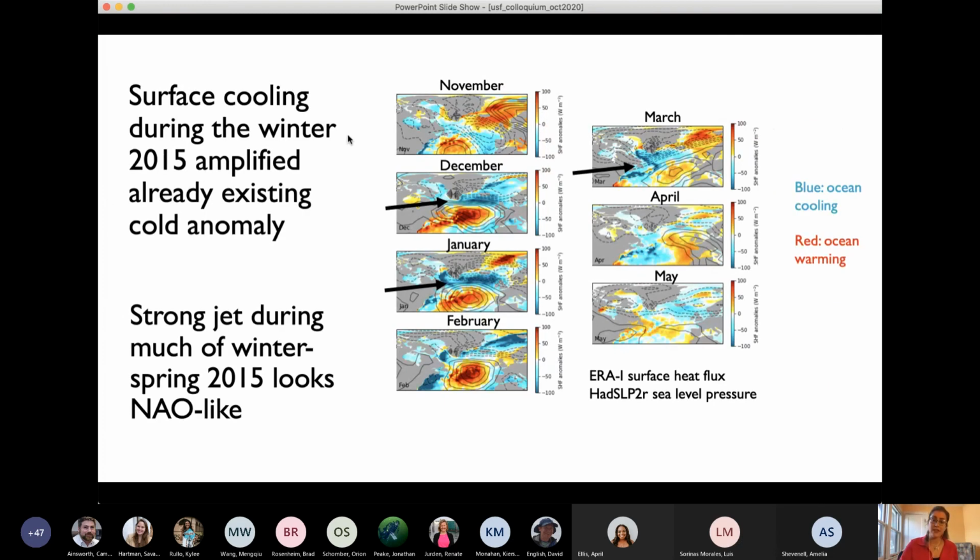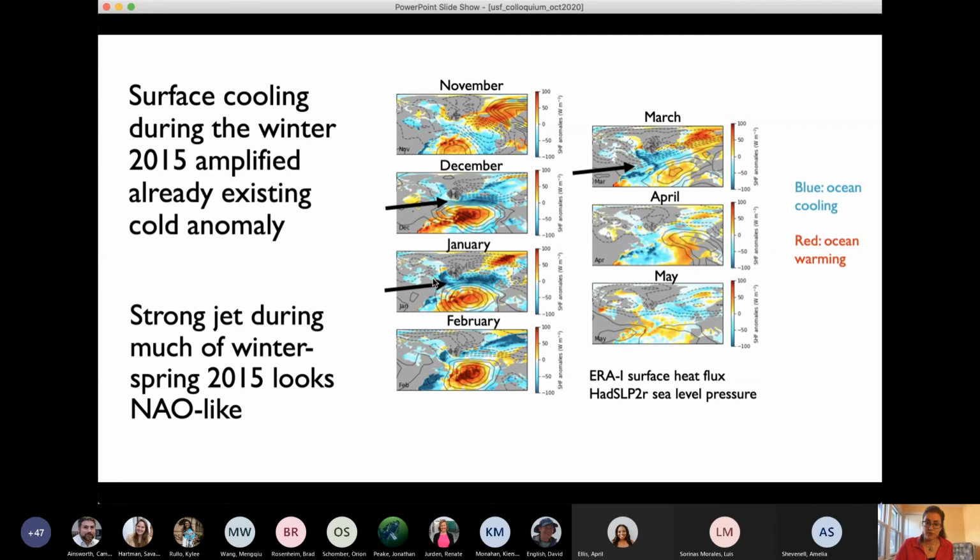What we've got here is November 2014 through May 2015. In shading, we have surface heat fluxes. Blue indicates cooling. That's what we're looking for. When was there cooling? And then the lines indicate sea level pressure, and those can be used like streamlines. They'll indicate what the atmosphere's wind is doing.